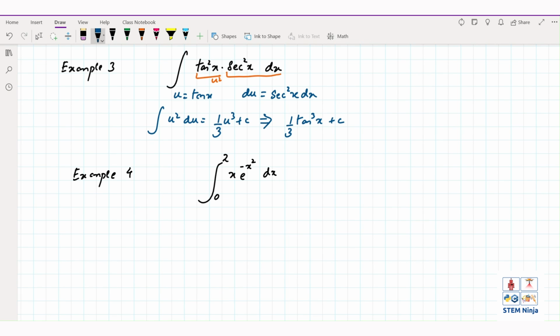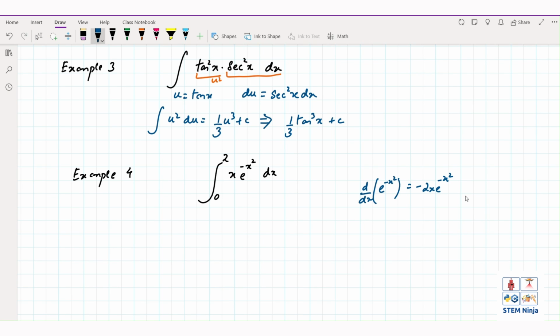So what we do is we need to identify which of these is the derivative of the other, or which can give us some form of derivative of the other. So when we differentiate e raised to power minus x squared, we get minus 2x e raised to power minus x squared. Which is okay for us.